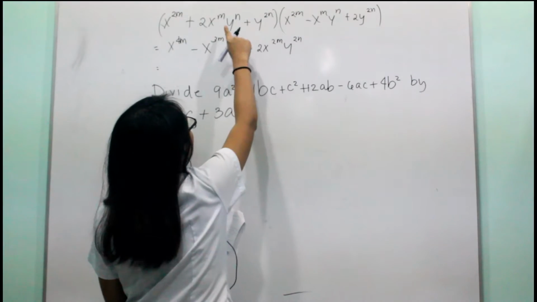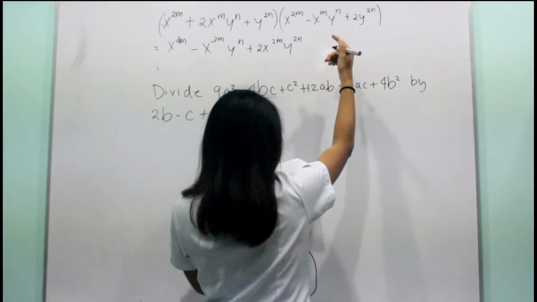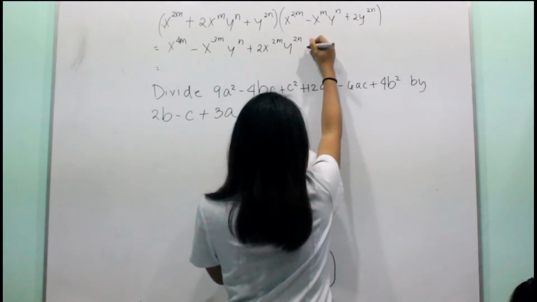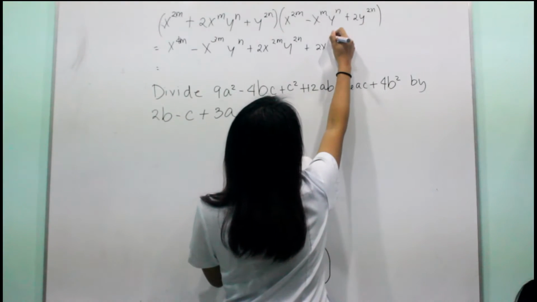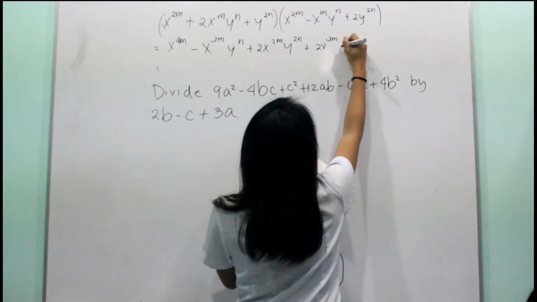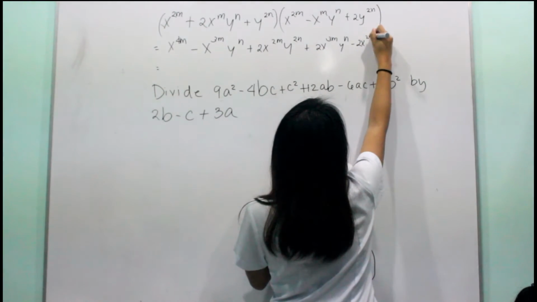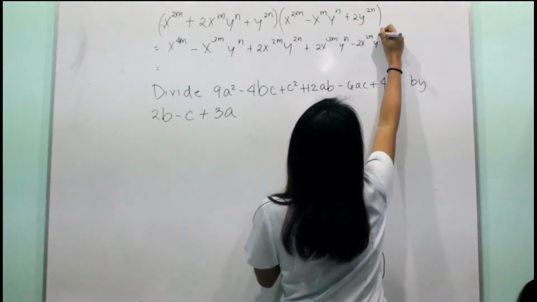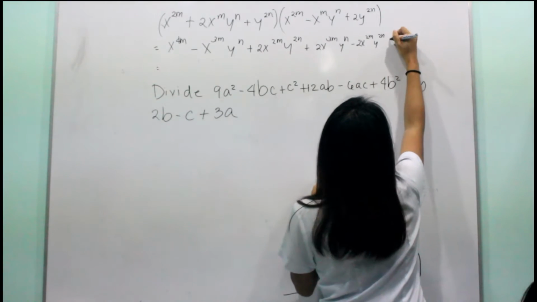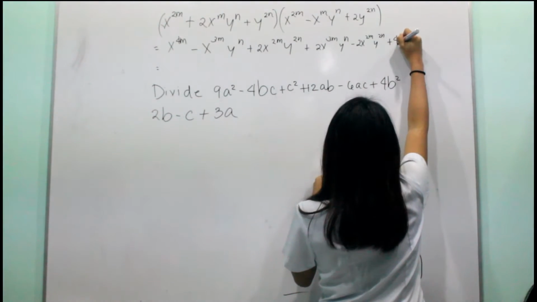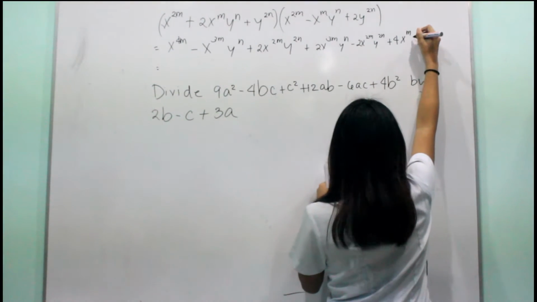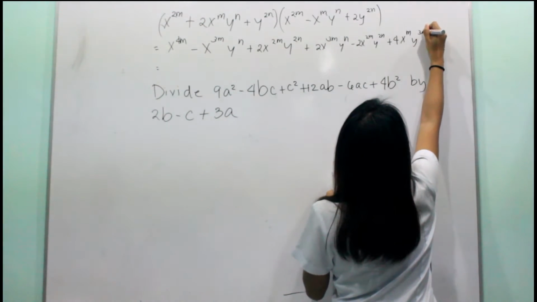Distribute 2x^m y^n to the second polynomial. So positive 2x raised to 3m y^n minus 2x^2m y^2n plus 4x raised to m y raised to 3n.